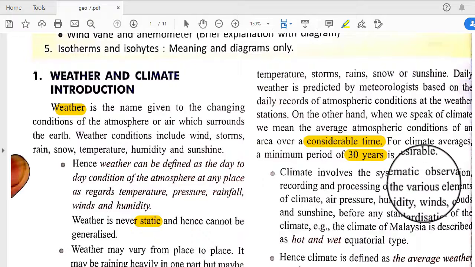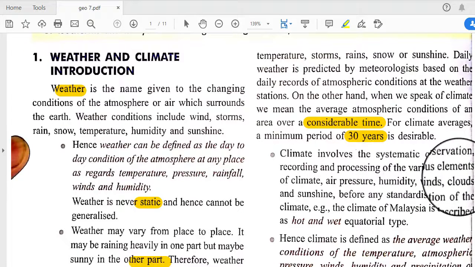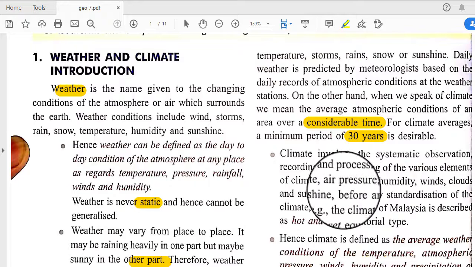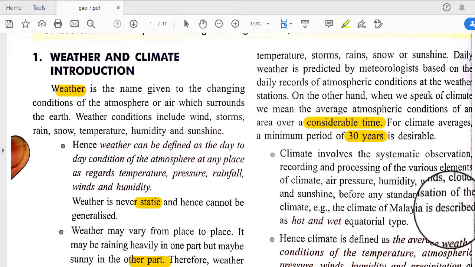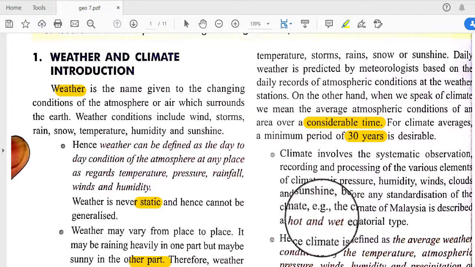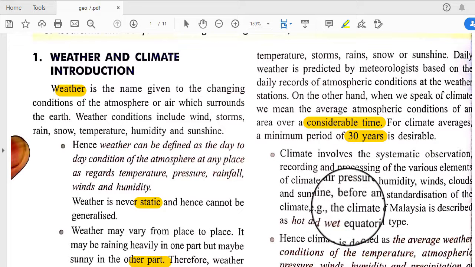Climate involves the systematic observation, recording and processing of the various elements of climate: air pressure, humidity, wind, clouds and sunshine, before any standardization of the climate. Climate also gives us information regarding the same elements, pressure, wind. The difference is that this is the 30-year average condition.